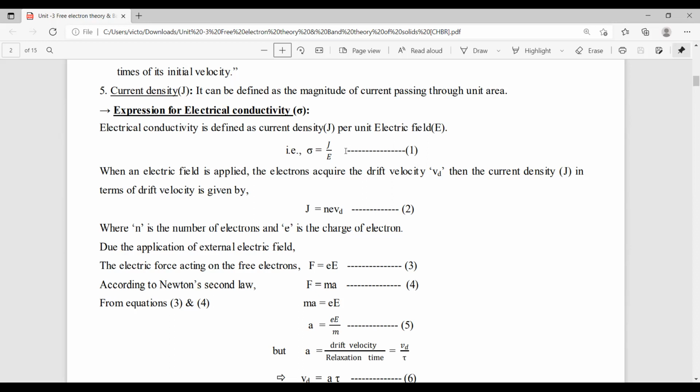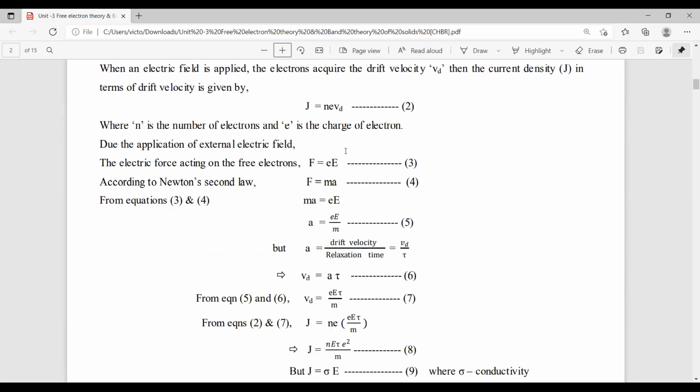Here current density is J, which is also expressed as NeVd. Here N is the number of electrons, e is the charge of the electron, and Vd is the drift velocity.